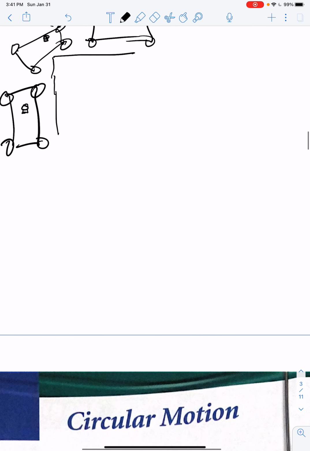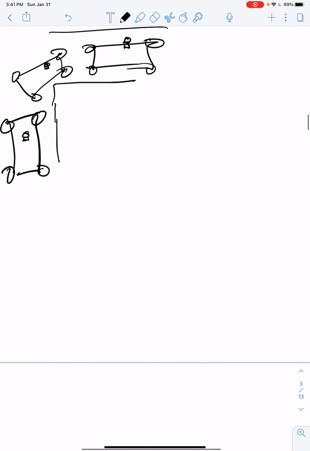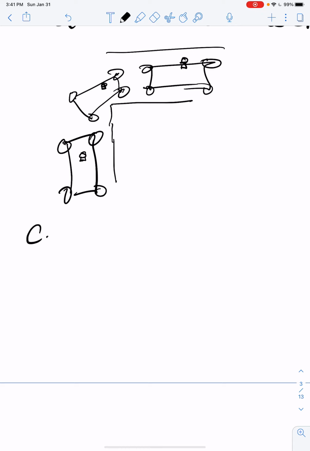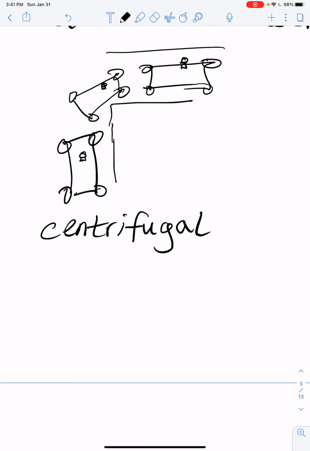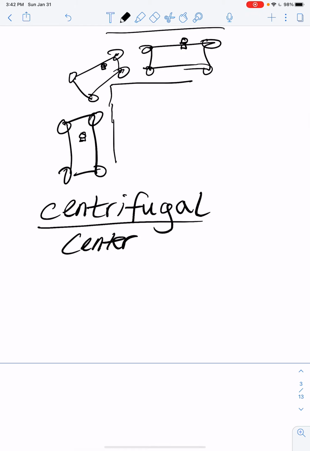And let's go ahead and get a little more paper here. And you'd be like, well, maybe let me call this a different name: centrifugal, right? It sounds like centripetal, but it's not. So I'll say centrifugal right now, just so you can tell the difference. So this centrifugal acceleration is center fleeing.